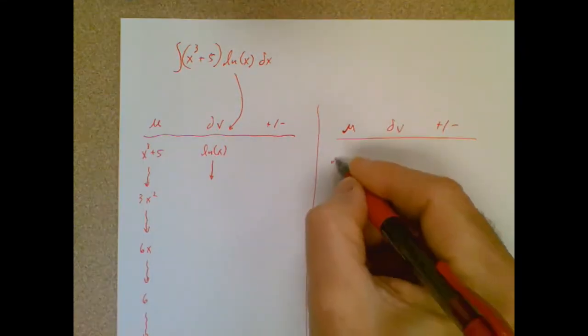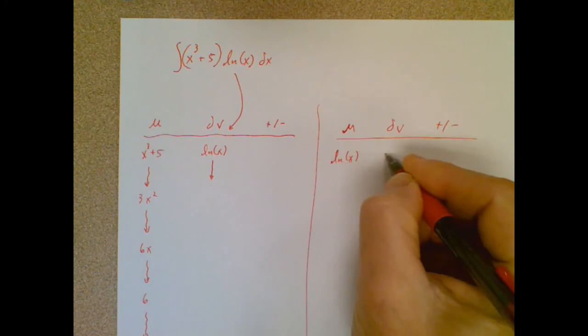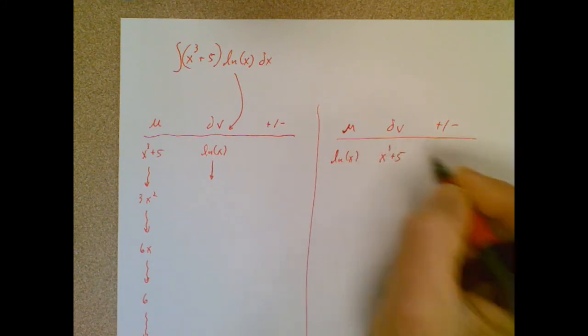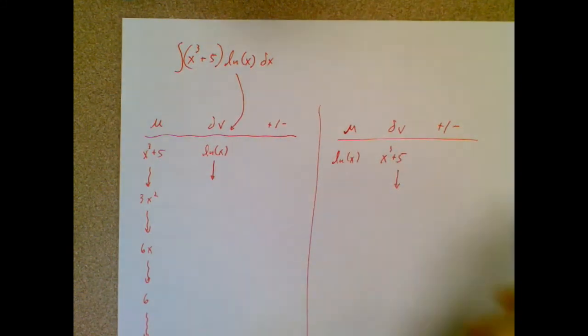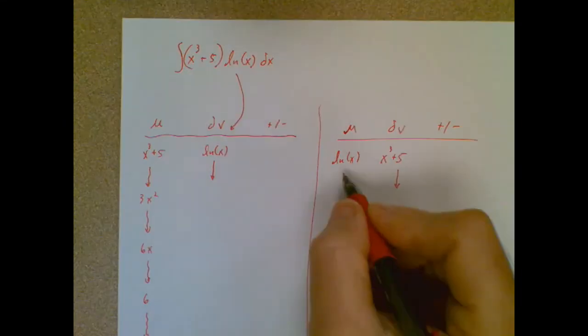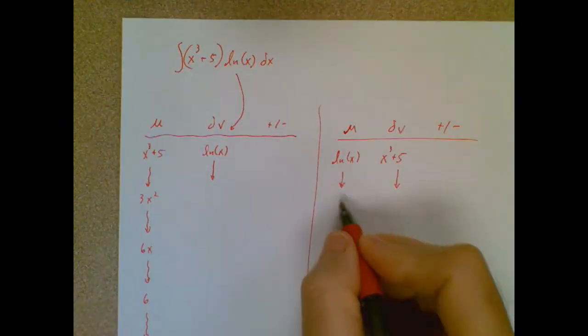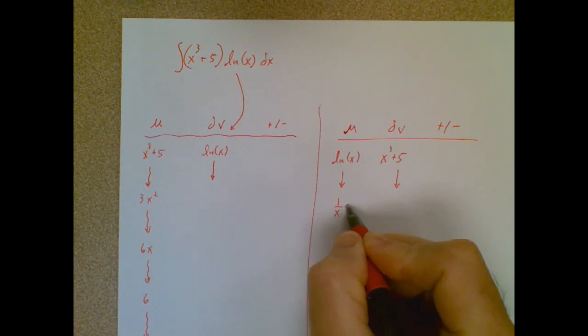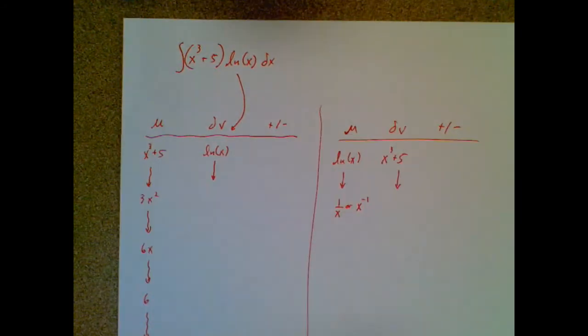I'll put the natural log of x over here, and the x to the third plus 5 over here, because I could do the antiderivative of x to the third plus 5, and I could do the derivative of natural log of x. It's 1 over x, or x to the negative 1. So that seems like life is going well.